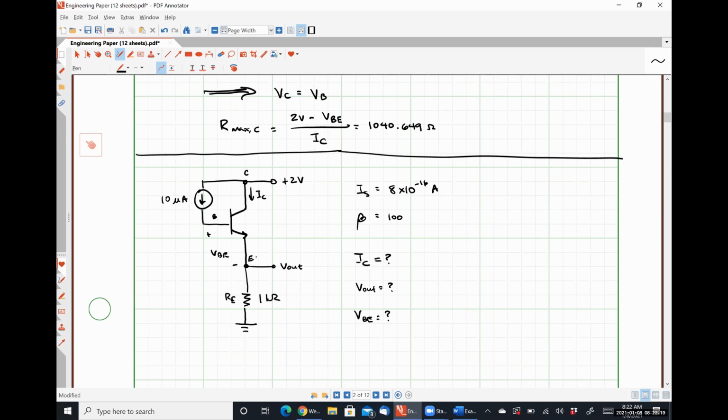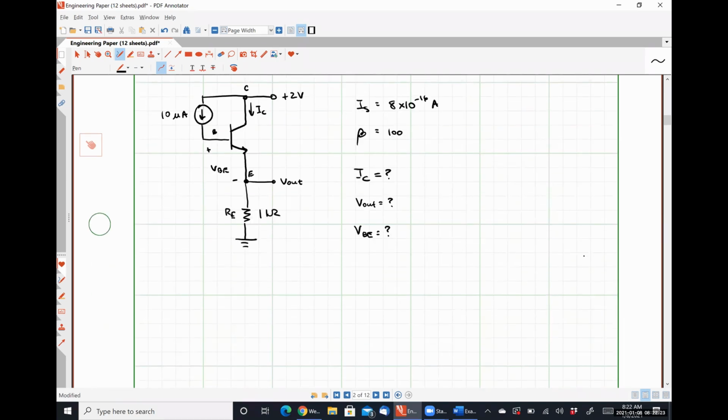Again, we're going to apply the large signal model. I'm going to start my base, again assuming the forward active region, and we'll have to prove it.